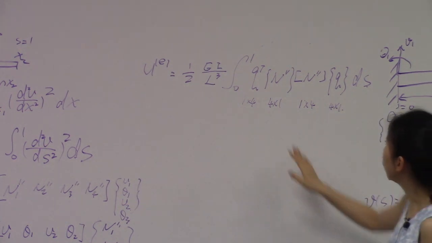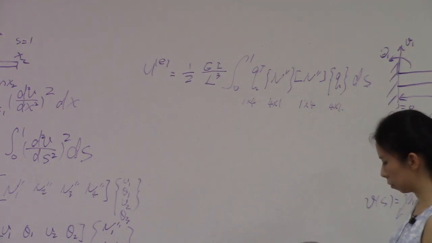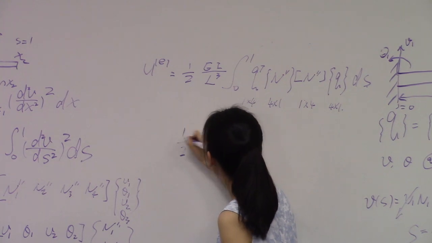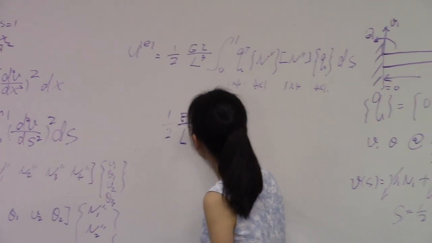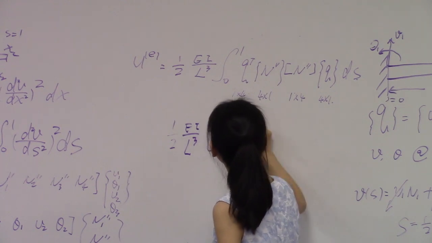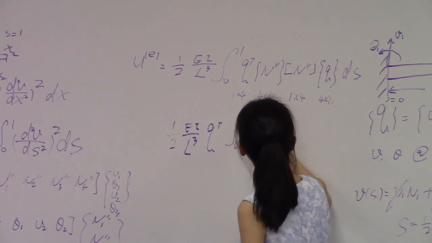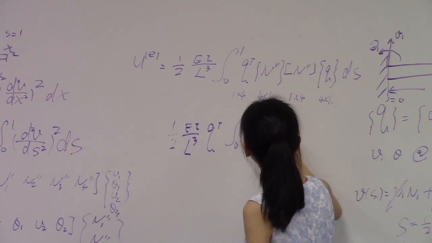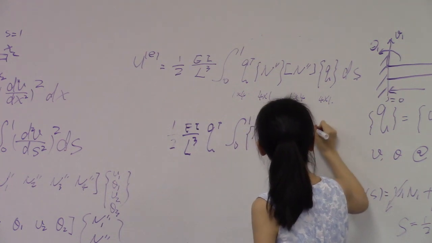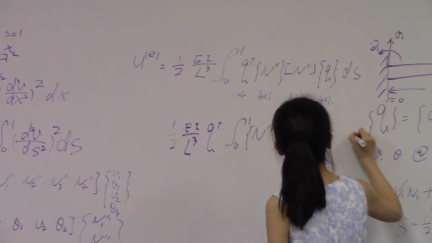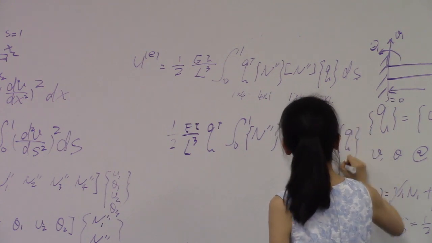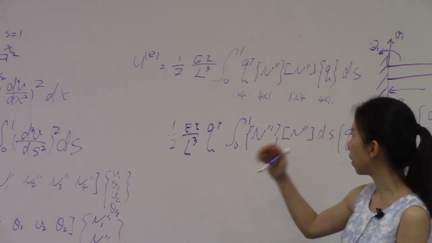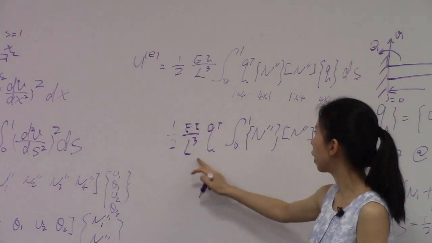What we can do is move the Q outside, so it should be Q transpose outside. We can see that for different elements, different loading conditions, boundary conditions, this Q is different, EI is different, L is different.